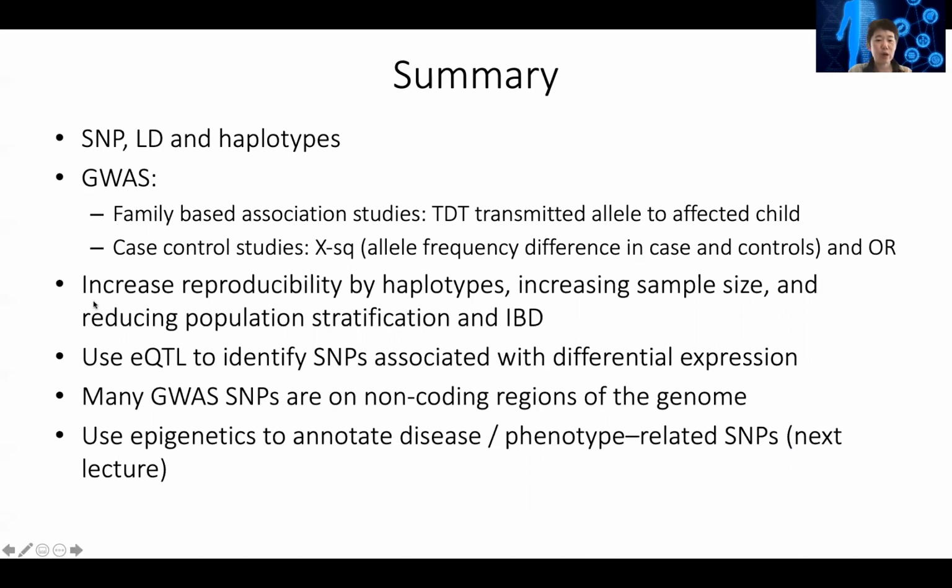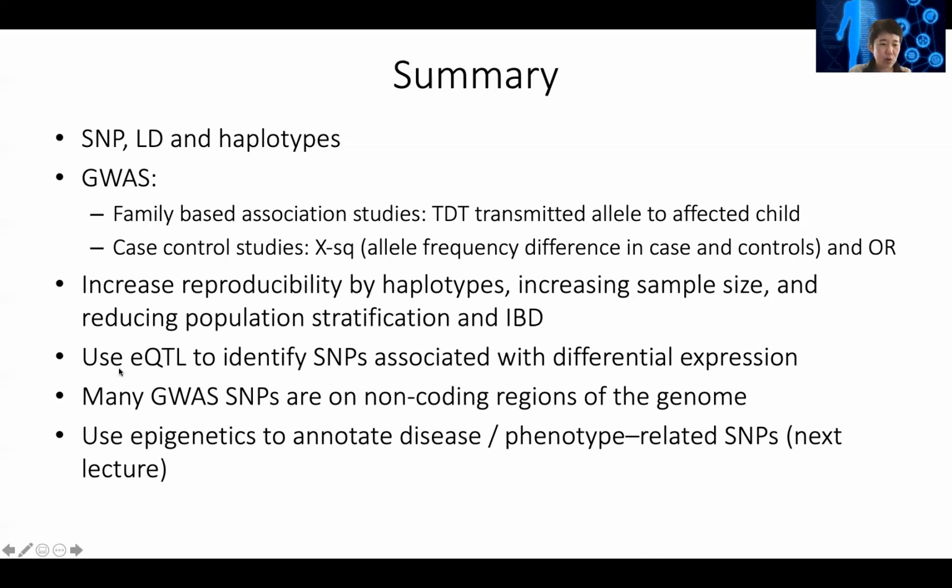In order to increase the statistical power of your analysis, you can look at haplotype association rather than individual SNP association. You could increase your patient sample population, the bigger the cohort, the better the power. And also, you need to make sure to eliminate population stratification and remove too-close family members. This is in the case-control studies.